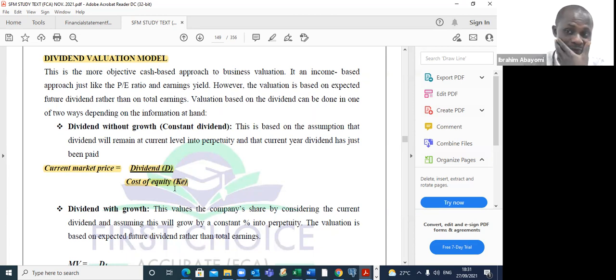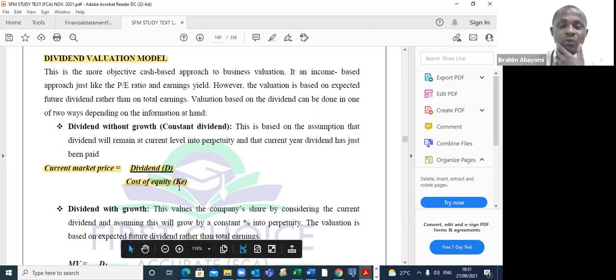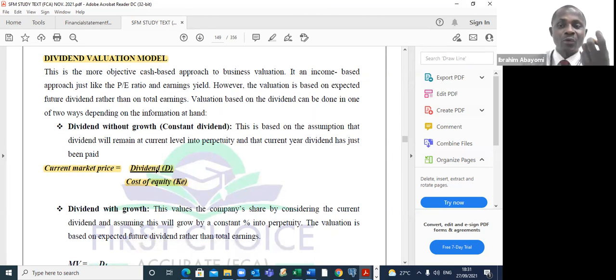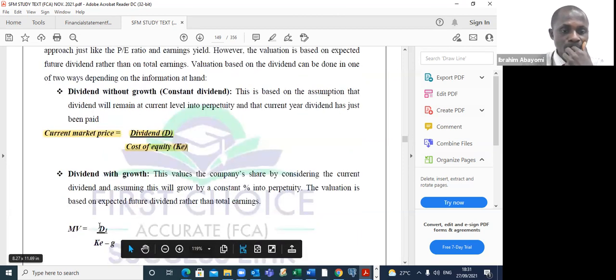Dividend goes with cost of equity. Dividend does not go with WACC because WACC comprises equity and debt, but dividend is only for equity. So whenever you are computing market value using dividend, what you use to discount the dividend is your cost of equity, not WACC. Take note. Are we together on this platform?